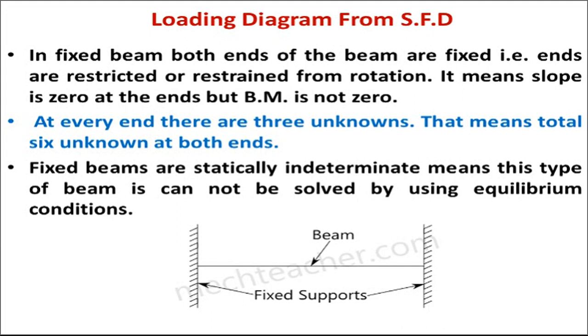That's why this fixed beam can be solved as a statically indeterminate beam, using appropriate conditions other than the equilibrium conditions, because the equilibrium conditions are not sufficient to find the unknowns and the reactions at the end conditions.